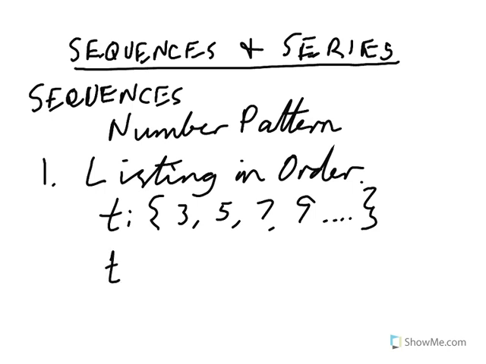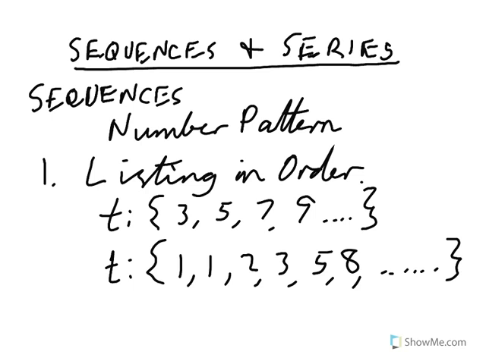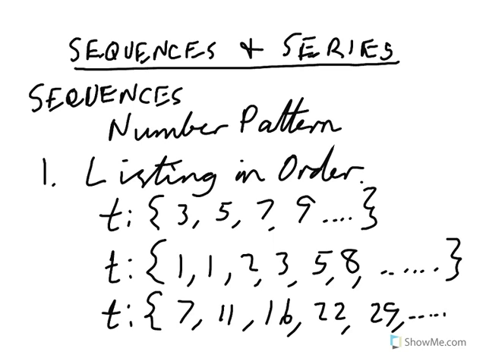Could be a little bit more complicated than that, say 1, 1, 2, 3, 5, 8, and so on. And another example of a sequence might be 7, 11, 16, 22, 29, and so on.